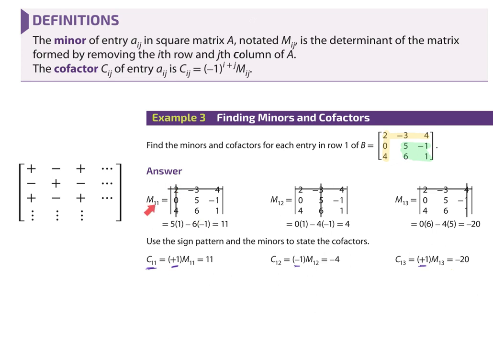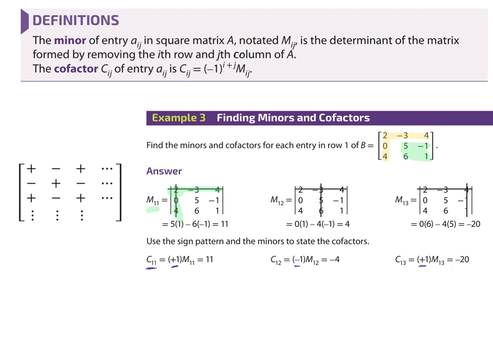So here's the position, they tell me the position, 1, 1. I find that position, that's right there. And I ignore the row and the column of that position. And I take this 2 by 2 that's left over and do that determinant. 5 times 1 minus 6 times negative 1. The minor of the position 1, 1 is 11.